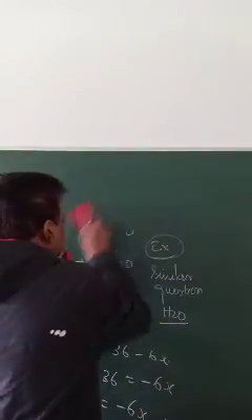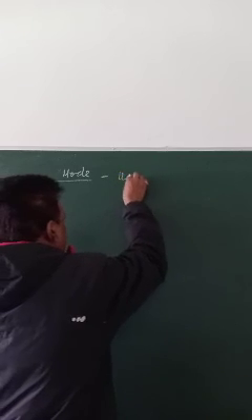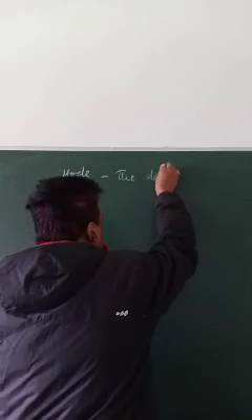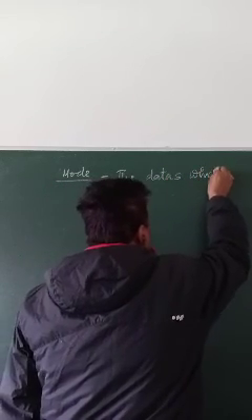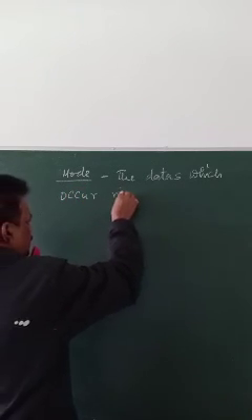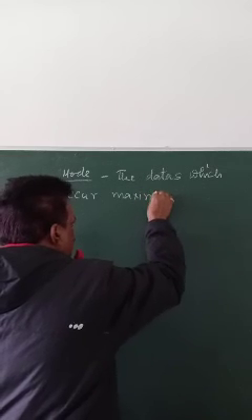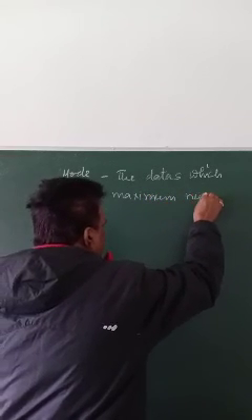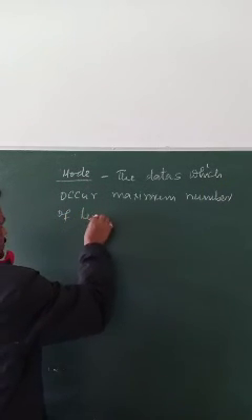Let's find what is called mode. Mode is called the data which occur maximum number of times.